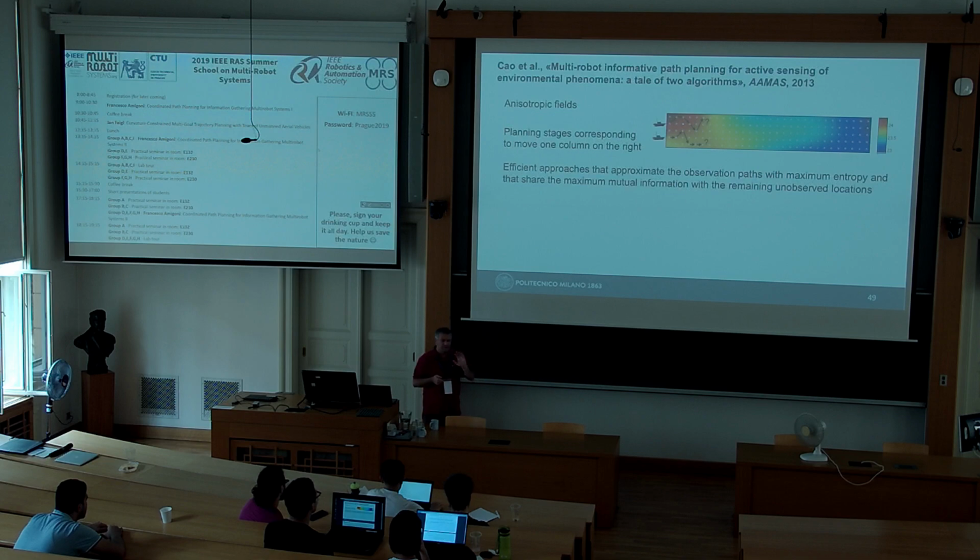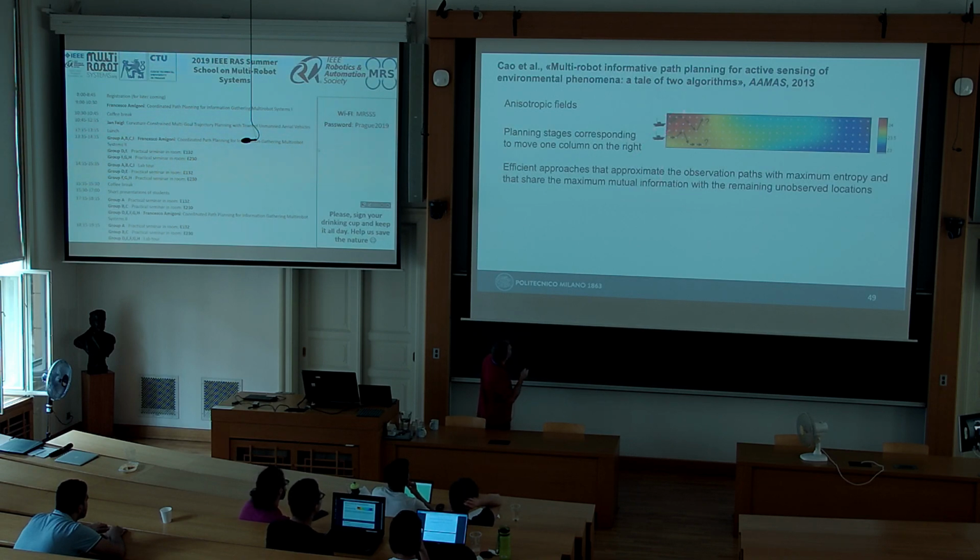Okay, so if we have this kind of situation, we can plan the informative path for two robots, in this case, step by step. So we have a first joint planning for the first step, then a joint planning for the second step, a joint planning for the third step, and so on.